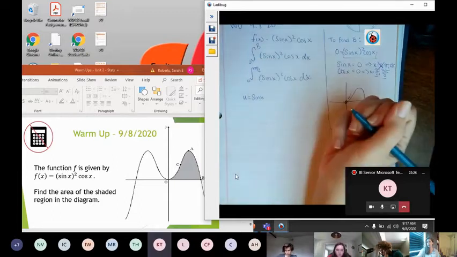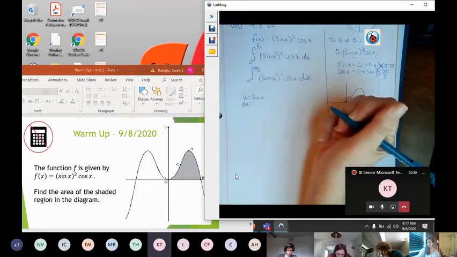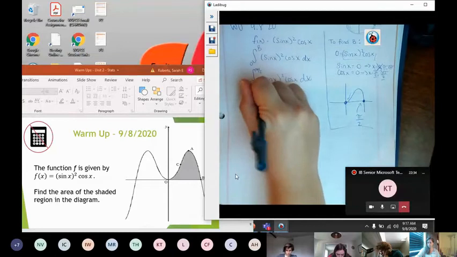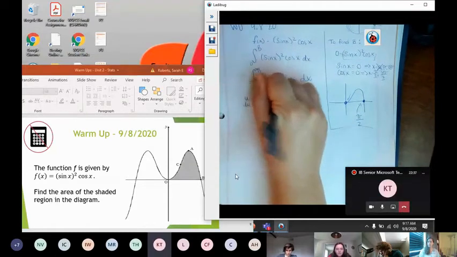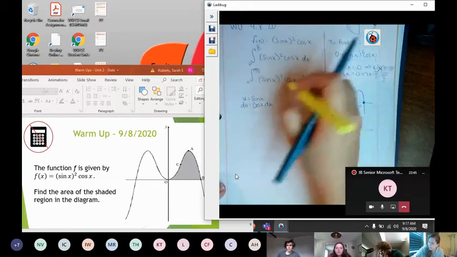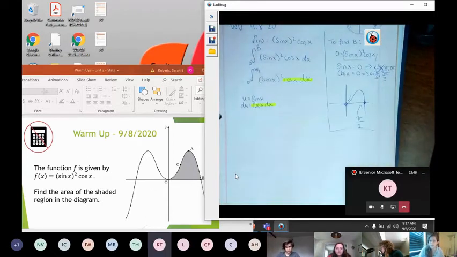Okay, and what is du? The derivative of sine is cosine of x. Okay, so our du is just cosine x dx. So this is super nice because I can replace all of this with du, right?